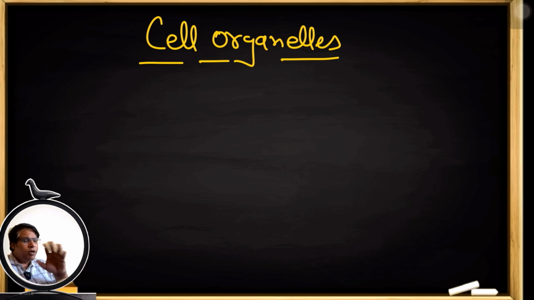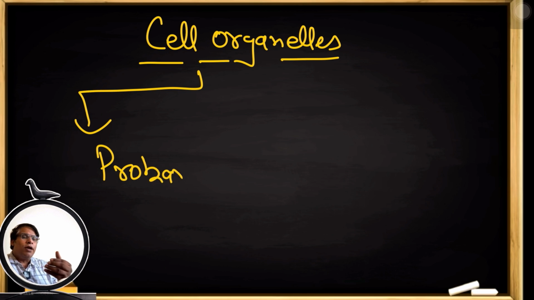So within the eukaryotic cell, you are going to see compartmentalization. You are going to see different compartments, and all the compartments are involved in carrying out specific activities, and these compartments are known as cell organelles.